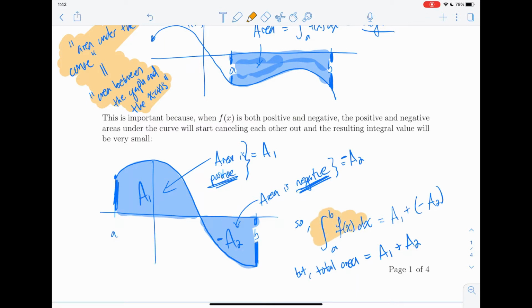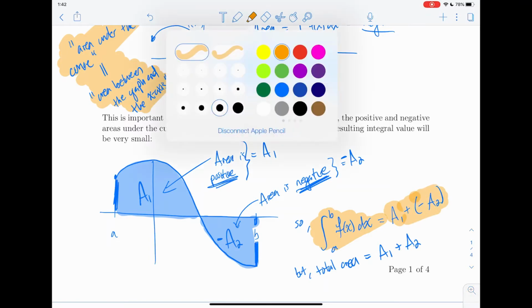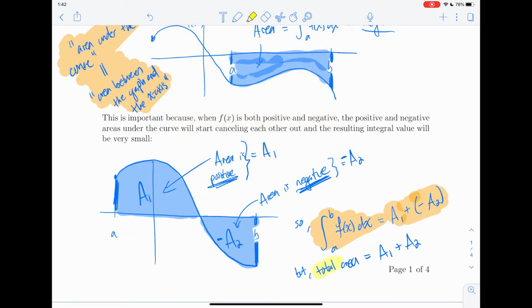This integral is its positive area plus its negative area, whereas if I just say total area, that's going to be everything positive, literally A1 plus A2. These two things I just highlighted are not equal to each other. One is A1 minus A2, the other one is A1 plus A2.